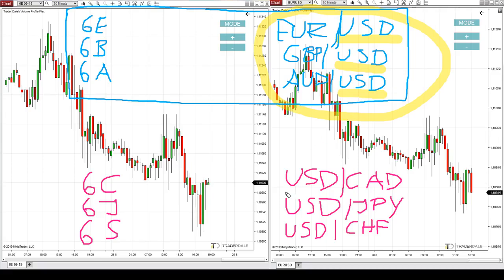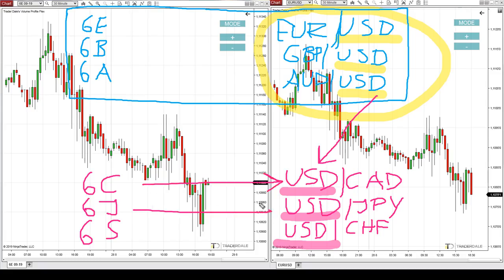But in here, there is US dollar Canadian dollar, US dollar Japanese yen, and US dollar Swiss franc. The US dollar is on the other side. And for that reason, the charts for US dollar Canadian dollar, US dollar Japanese yen, and US dollar Swiss franc are reversed from their futures counterparts.